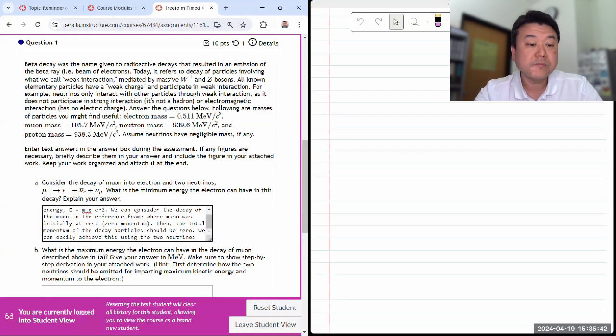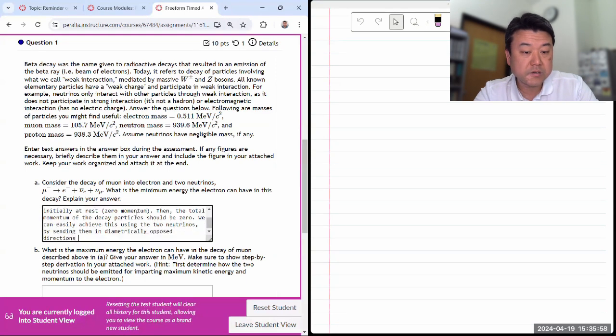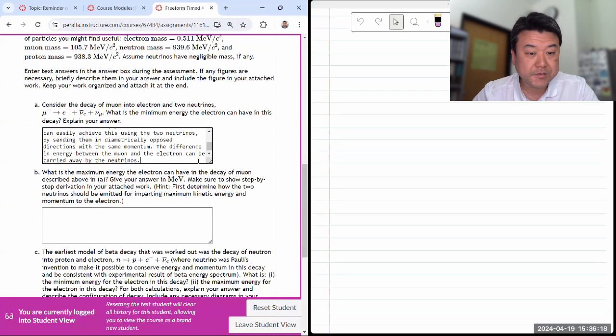You just have the two neutrinos going in diametrically opposed directions with the same momentum. The difference in energy between the muon and the electron can be carried away by the neutrinos. Yeah, that's it. Minimum energy is easy.